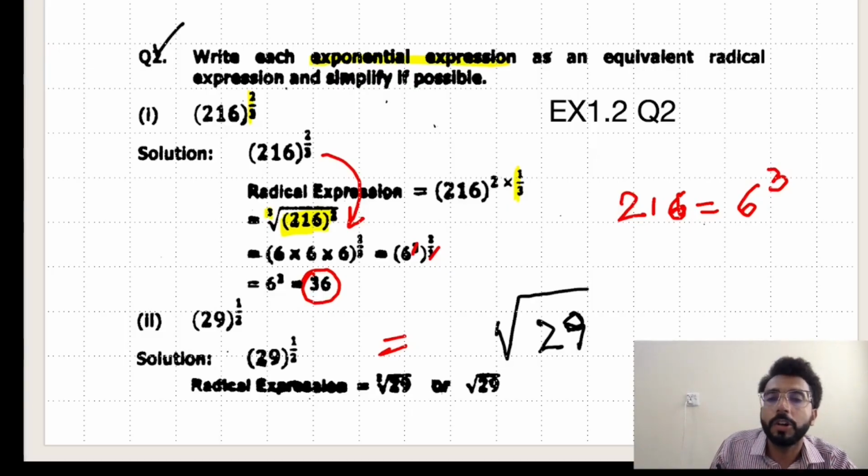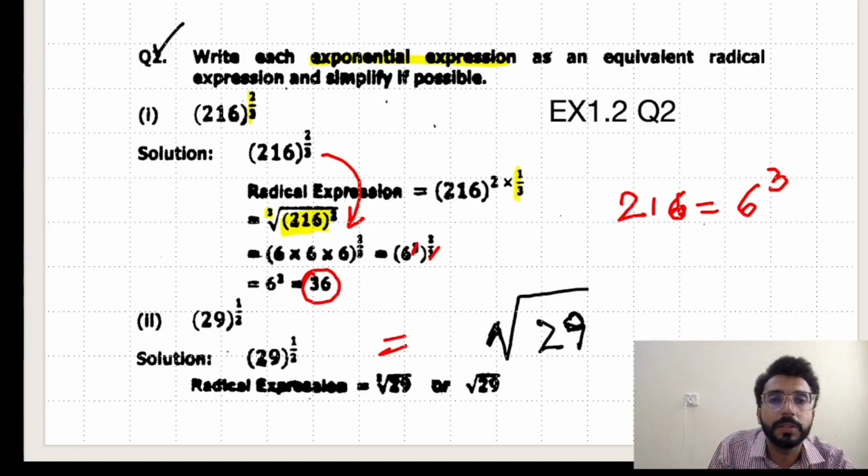Okay, we don't need to write any index here because for square root we automatically know that its index is 2. So we have written this exponential form into radical form. We cannot further simplify this question because 29 is a prime number, so we cannot solve further. This is also our simplified form of this question. Move to the next slide.